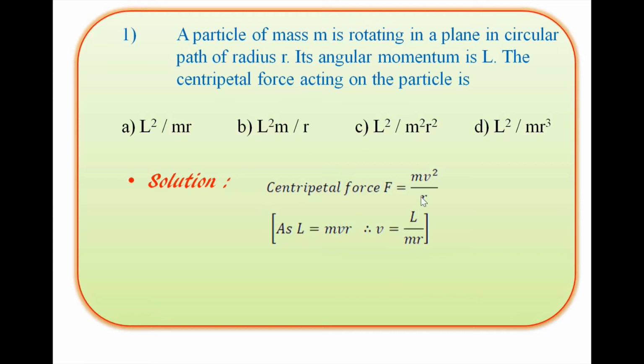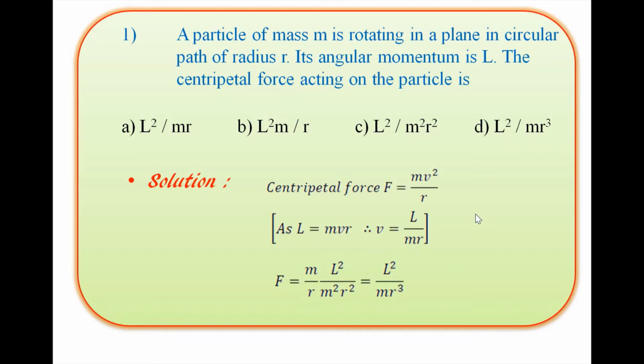Putting this value in the equation, we get F equal to m divided by small r into L square divided by m square r square. Simplifying this equation, we get the new formula F is equal to L square divided by m into r cube. So here option D is correct.